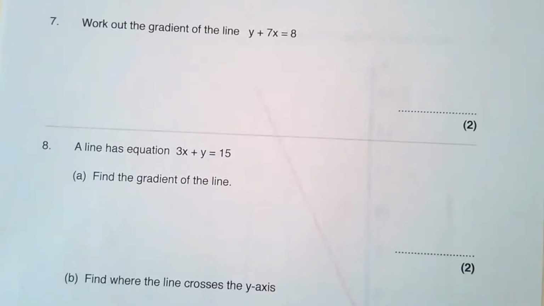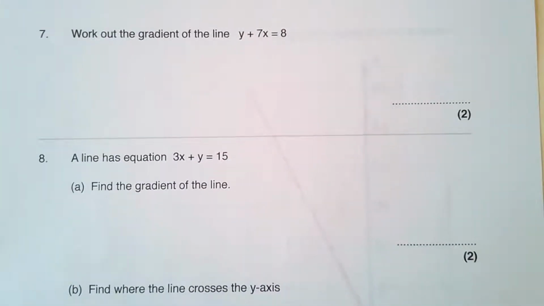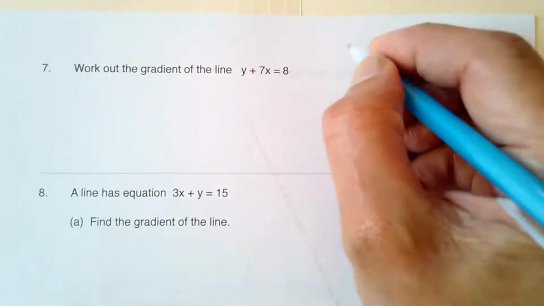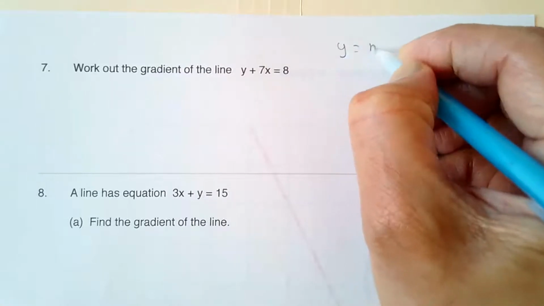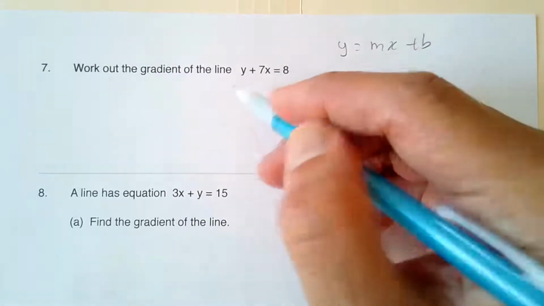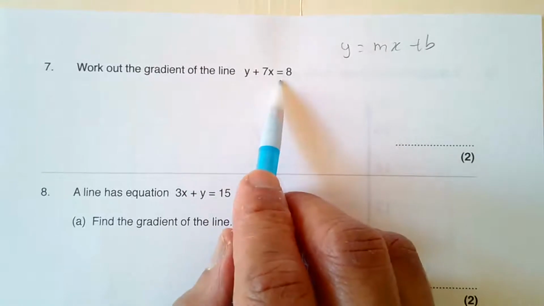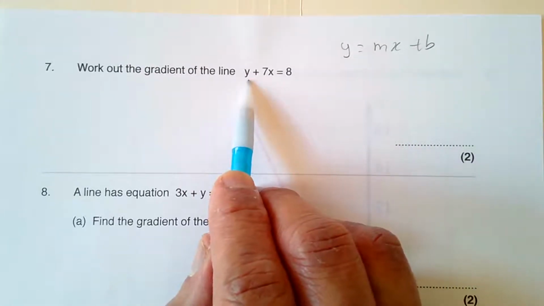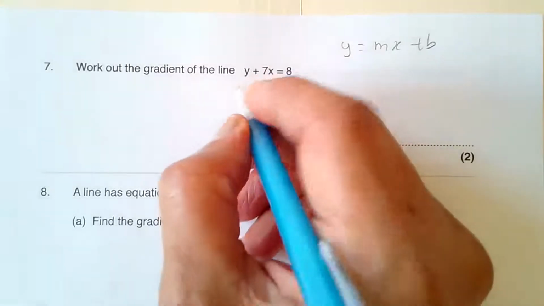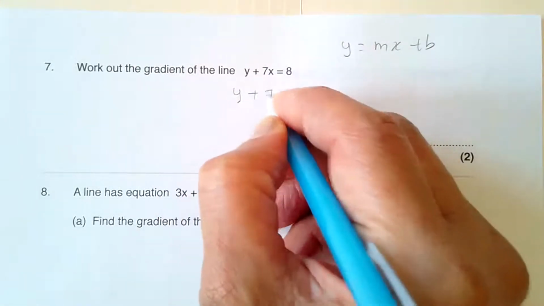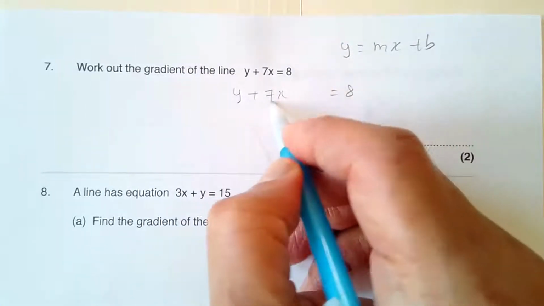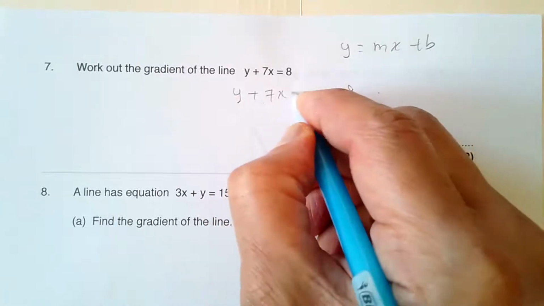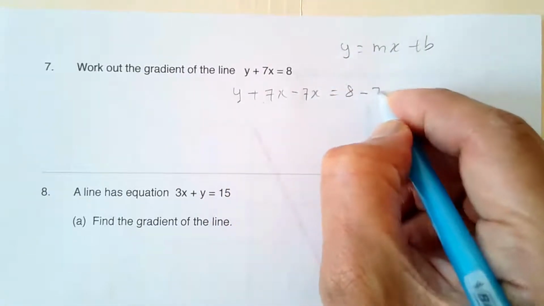I just want to show a different case. Sometimes an equation looks different than what you'll see. Normally, what we've looked at so far is an equation in the form y is equal to mx plus b. Now, what if it's not? So we have to do some algebra to isolate the y. We want to take the 7x to the right side. It's positive here, so I subtract it from both sides.